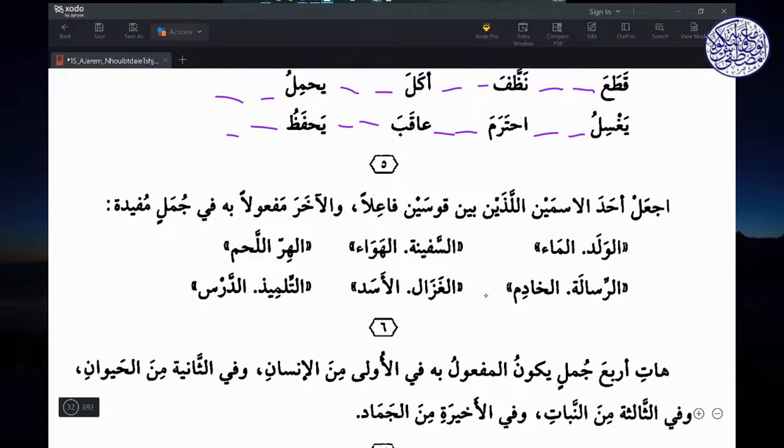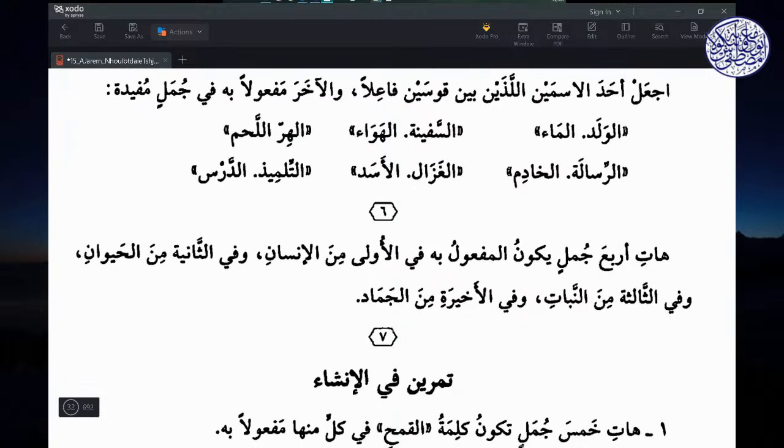We have two nouns. One of them needs to be made into the فاعل, and one of them مفعول به. This could be the فاعل, this could be the مفعول به, or vice versa. It doesn't matter. Just one of them needs to be the فاعل, one of them needs to be the مفعول به.